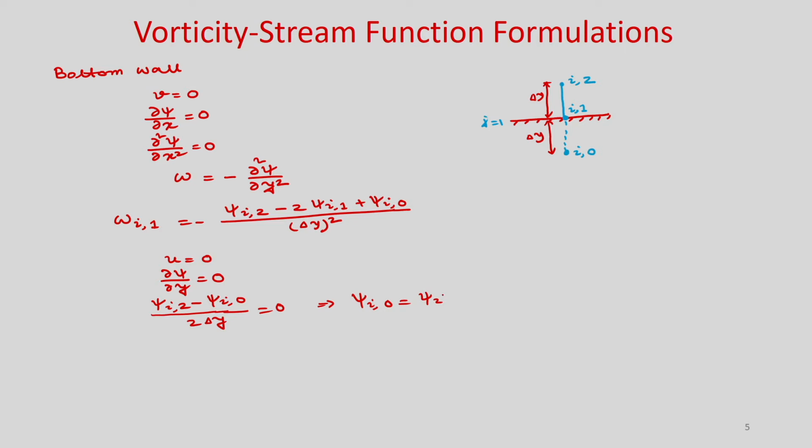So, you can see that the fictitious value is the same as the interior point psi I 2. Okay. So, now this value you put in the omega expression. So, you will get omega I 1 is equal to psi I 2 minus twice psi I 1 plus psi I 0, which is psi I 2, divided by delta y square. So, you will get omega I 1 is equal to minus 2 by delta y square.